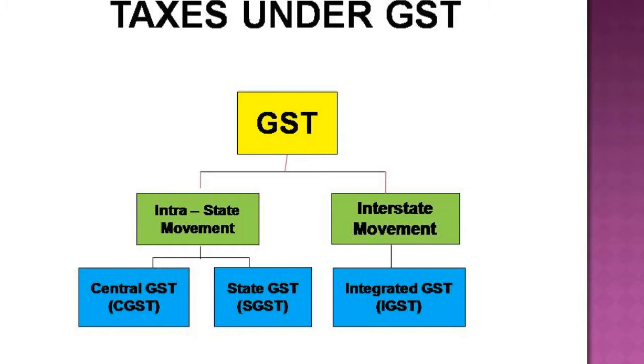And the second category deals with the interstate movement of goods and services. Under the intra-state movement, we have two types of GST. One is the central GST or CGST. Second is state GST or SGST. However, in the case of interstate movement, there is only one GST, that is called integrated GST or IGST.